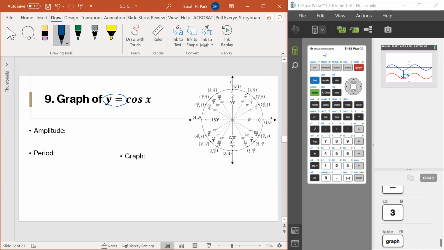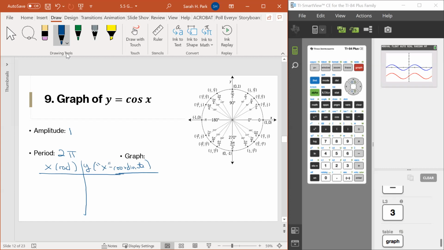Okay, let's take a look at cosine. The cosine graph's basic amplitude is the same. It's 1, period is 2 pi. And for the actual graph, the x is your radians, and your y, or output, is the x coordinate for the unit circle. It's really weird because the y value is the x coordinate, but that's the output.